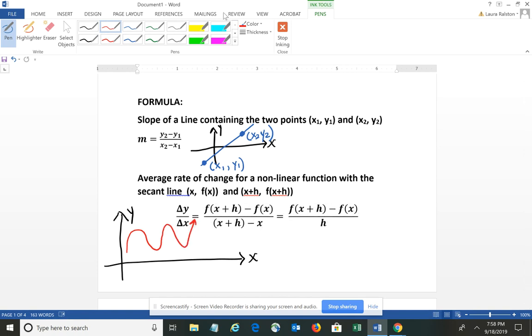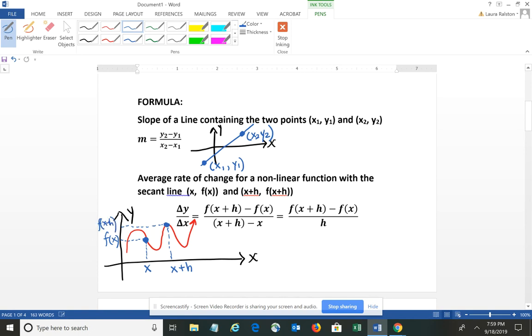Okay, and again, we have 2 points on that curve, which we connect by the secant line. This one has an x value of x, and its corresponding y value in function notation would be f of x. And then we choose a second point, and instead of calling it x1, y1, we label this x plus h. And then it corresponds to f of x plus h.